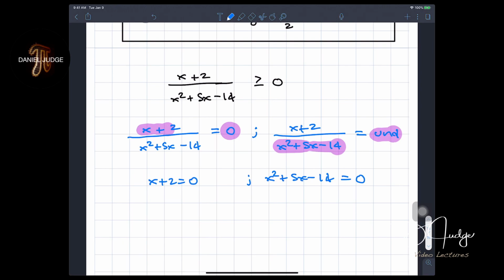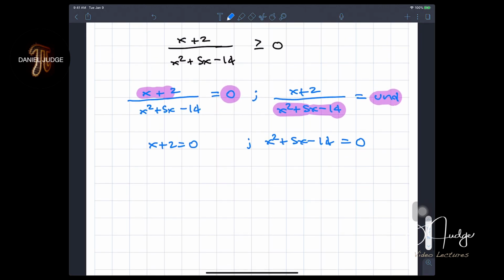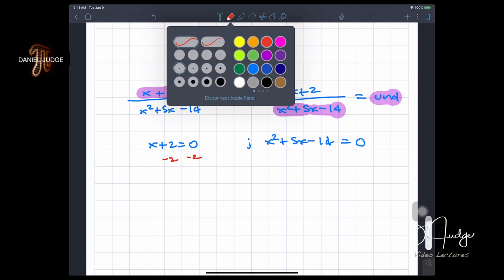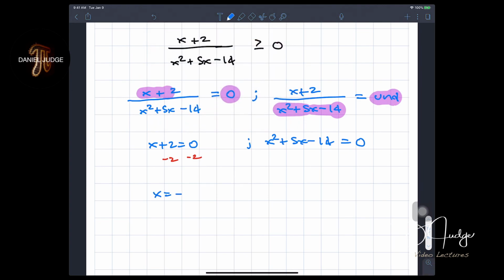So that's going to give us an undefined situation and where we're equal to 0. So we have to solve for x. In the first one, we simply subtract 2 from both sides, and we're going to get x is negative 2. So this is for the first one. So we know this is going to give us where the fraction equals 0 when x is negative 2.